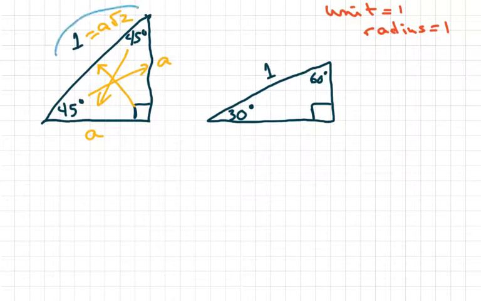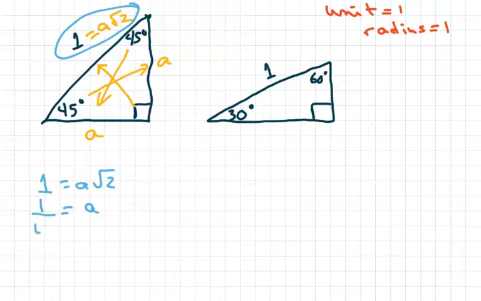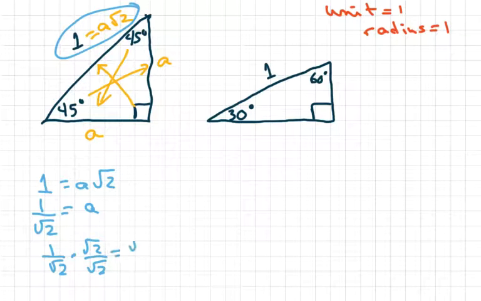So from here, I'm going to solve for A. I have 1 equals A square root of 2. So A equals 1 over square root of 2. Now I'm going to rationalize my denominator by multiplying it by 1, which is the square root of 2 over square root of 2, and you get square root of 2 over 2.